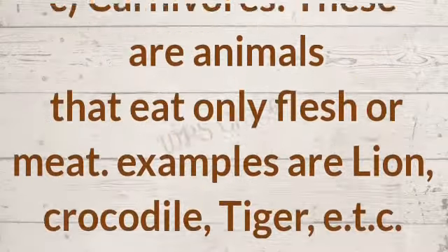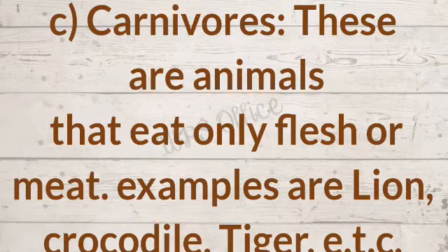Next, carnivorous animals. These are animals that eat only flesh or meat. Examples are lion, crocodile, tiger, and so on.